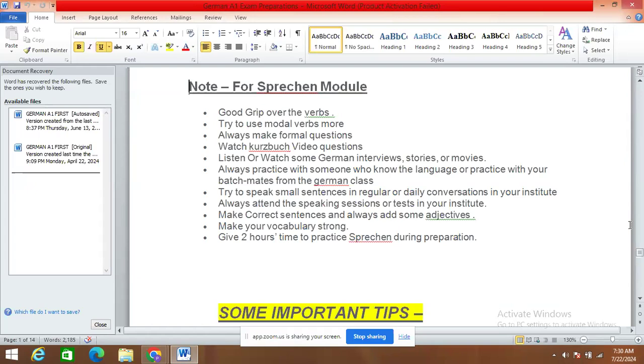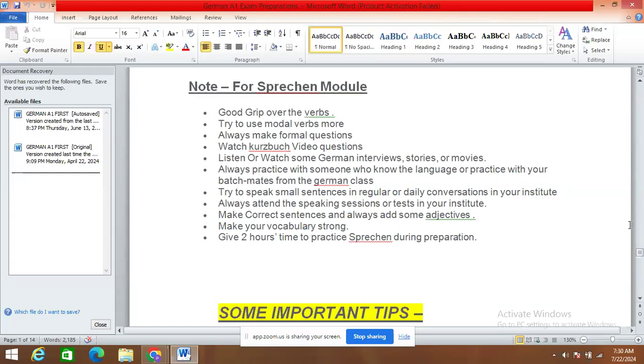There are also some speaking sessions and tests which happen in the institutes. Always attend those German speaking sessions. And whenever you are making a statement, follow the correct sentence construction rule and add adjectives in your sentence. The time you should give in your preparation is 2 hours.